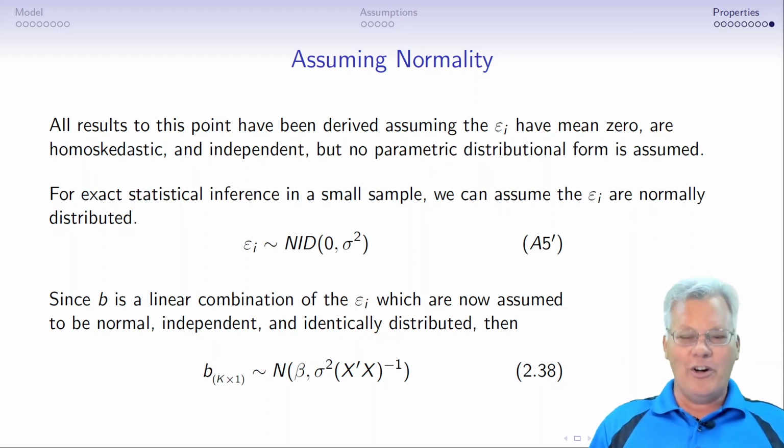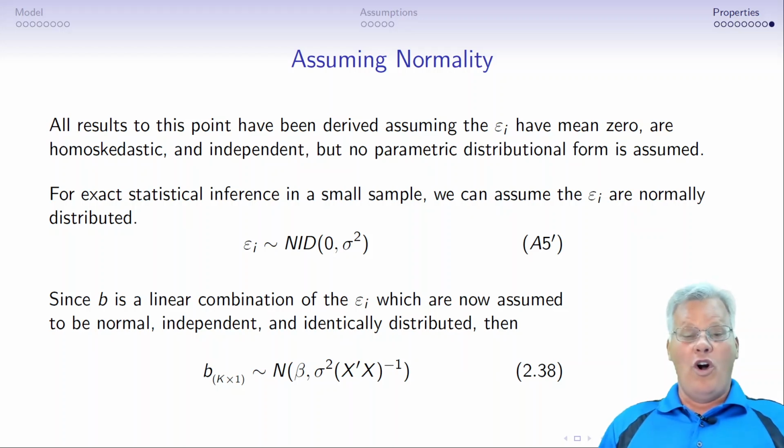Then it's very straightforward to show that B, the OLS estimators, being a weighted average of normally distributed random variables, is itself normally distributed. Therefore, under this new assumption of normal disturbance terms, B is distributed normally with mean beta and variance sigma squared x prime x quantity inverse.